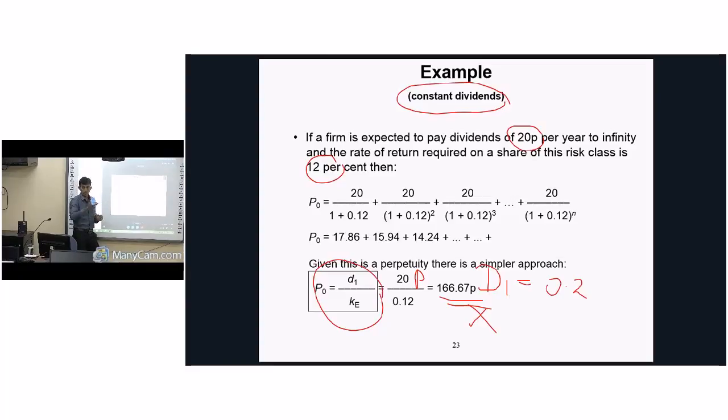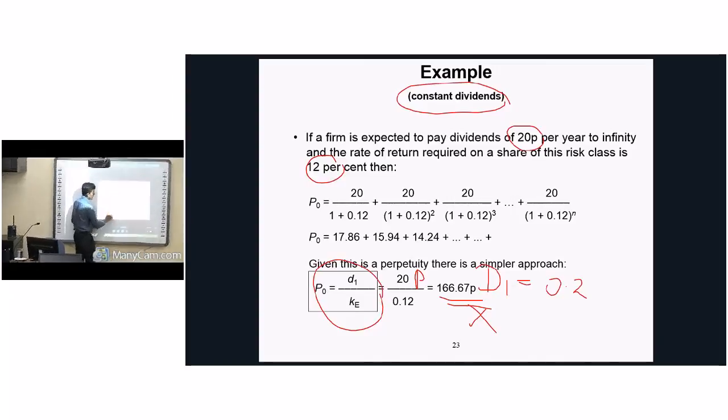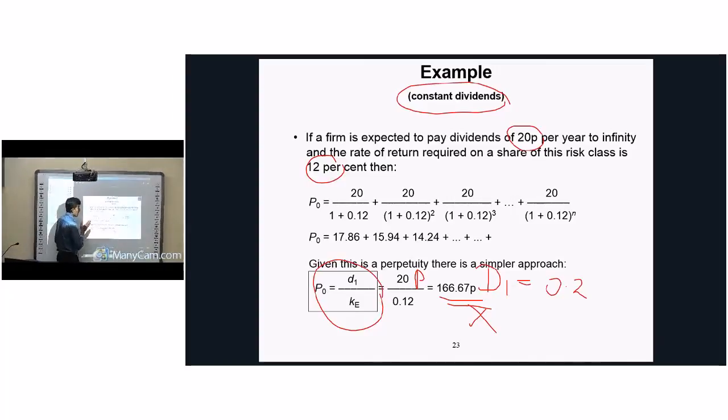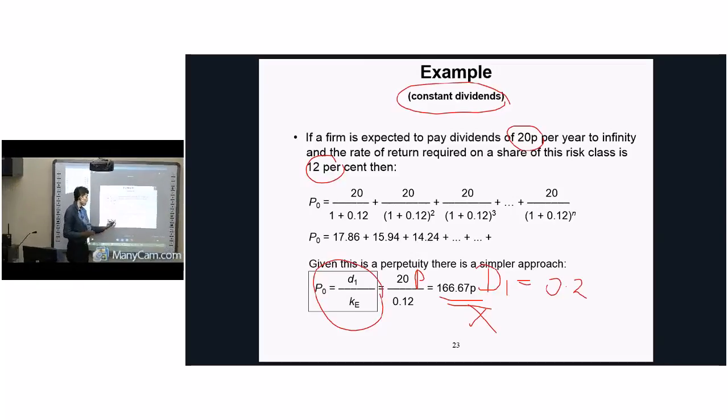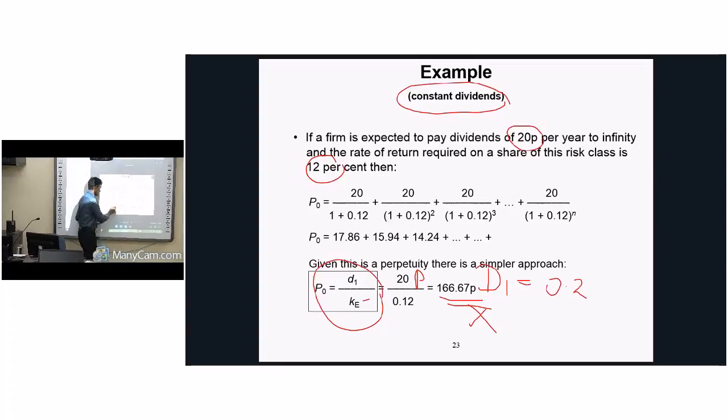So, if that is the case, how are we going to apply the same thing? Then what you can see is the equation will remain the same. D1 remains the same, but when you have a growth rate, we will take the growth out of the calculation.